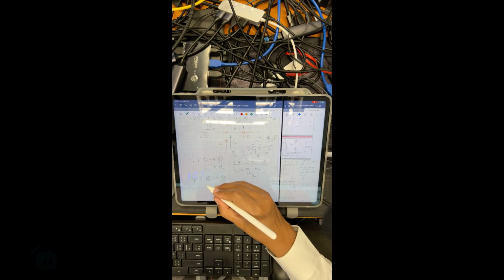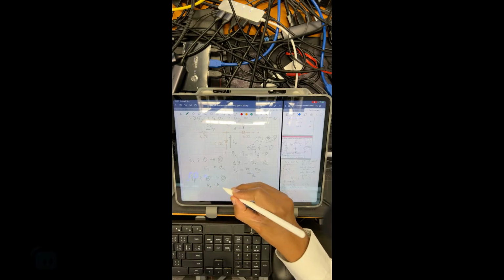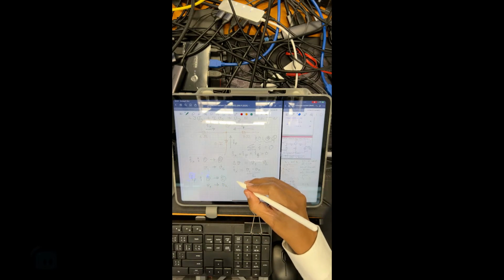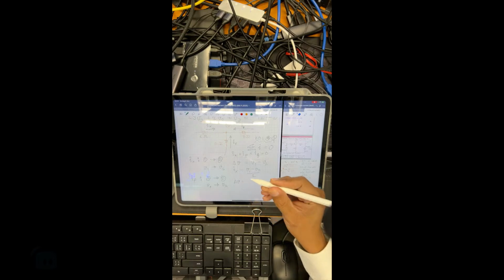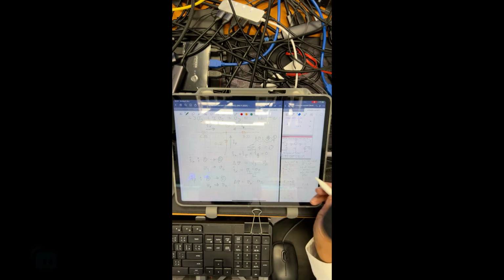It means we let the current flow from V0, or V ground, to V2, and delta V is V0 minus V2, because usually we assume that the ground node has 0 volts, the reference node.